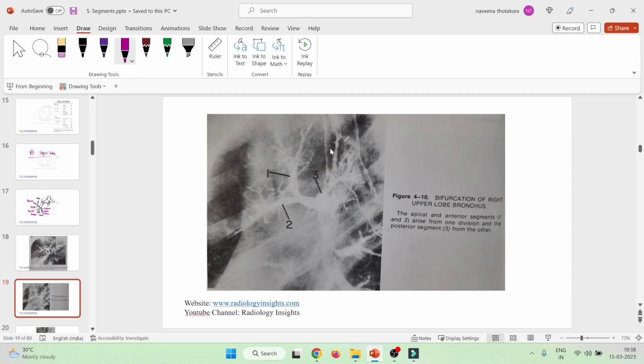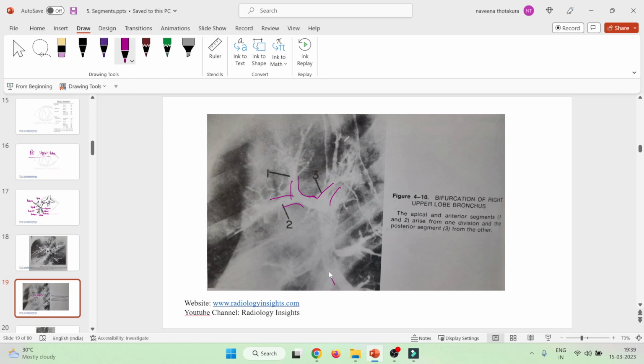So if this is the right upper lobe bronchus, we have two divisions. This is one, which is giving the apical and anterior divisions. Similarly, this is the other, which is giving the posterior division. See, let me tell you again.